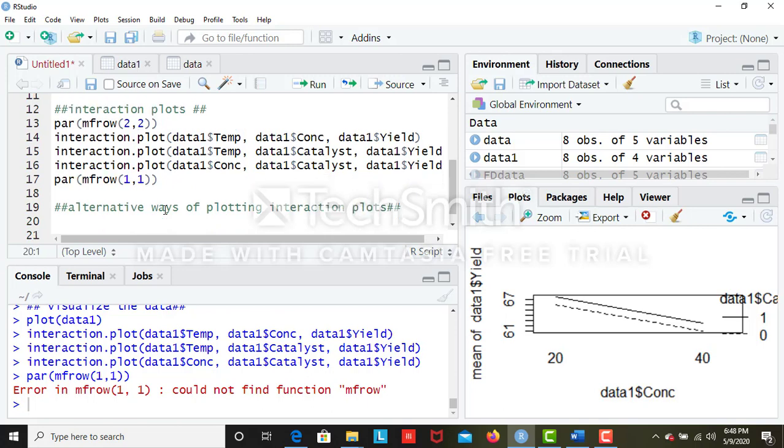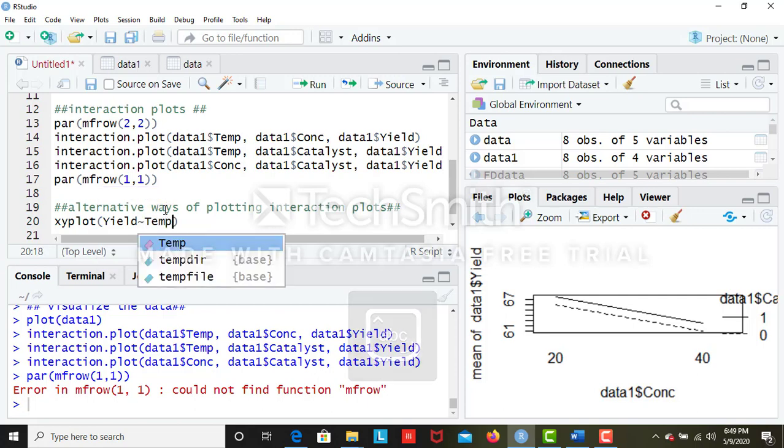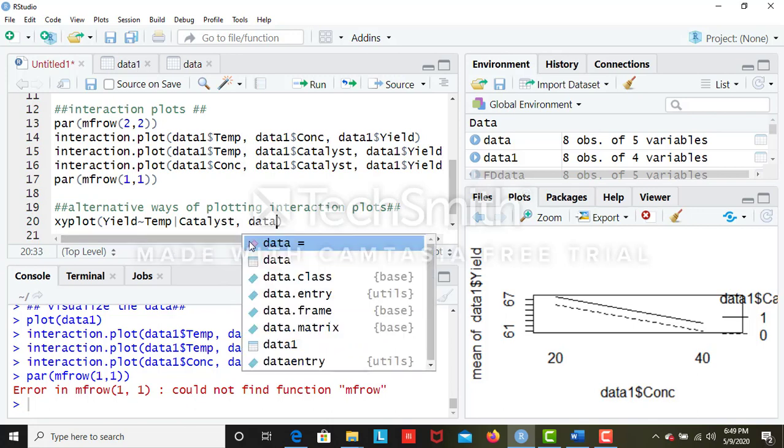So we have xyplot. Then I have yield, the response variable, and then temperature, and then catalyst, and the data is equal to data 1.